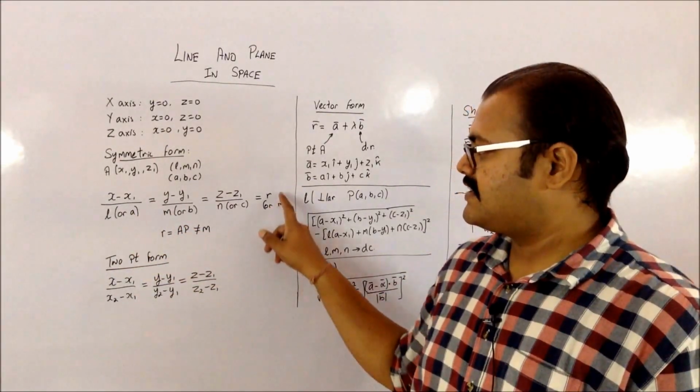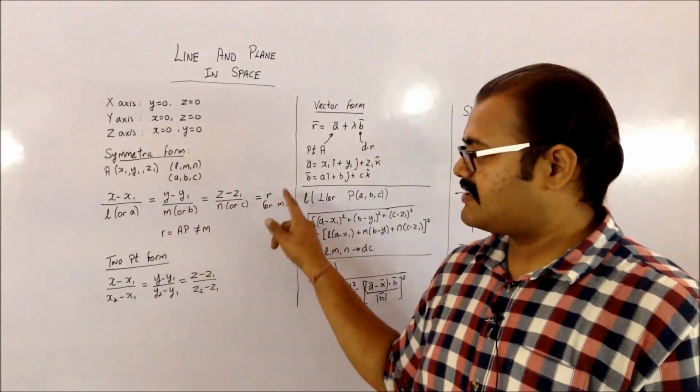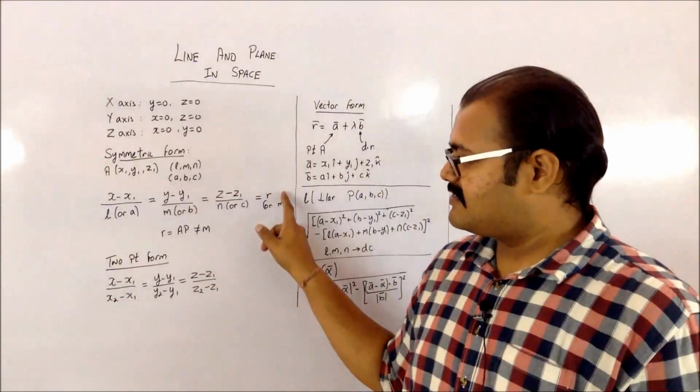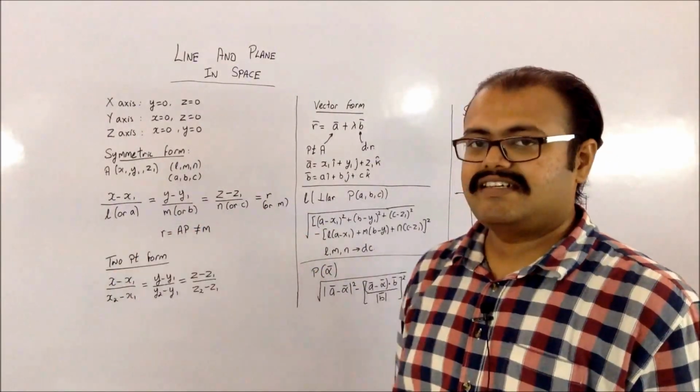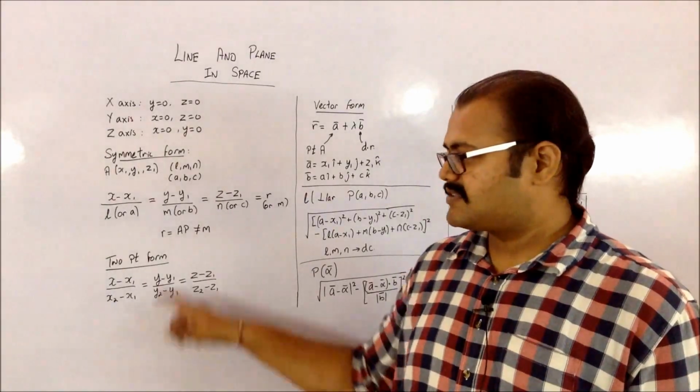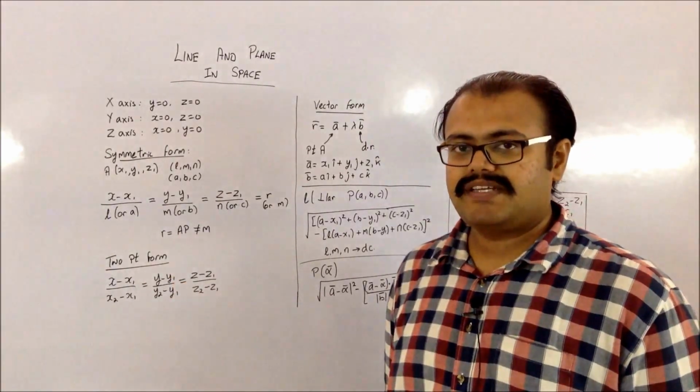You have to remember that this whole thing will be equal to r or lambda, where r is considered when you are using directional cosines, and here r is going to be equal to AP, which basically means the length of AP.